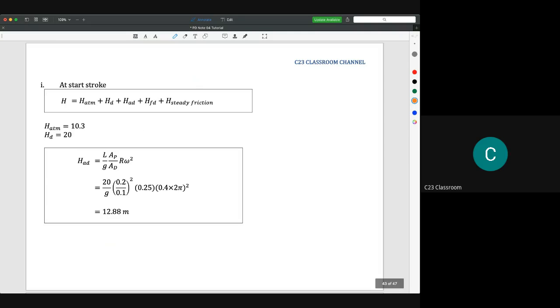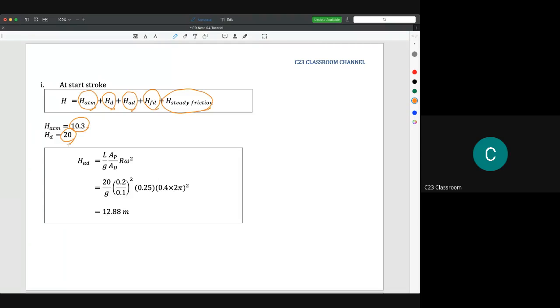So now we could calculate the absolute head in delivery, so we need to add all the parameters. We have the atmospheric pressure, the delivery head, the acceleration, the friction from the reciprocating equation, and also our major loss here. We have constant values: the atmospheric head is 10.3 and the delivery head is 20.